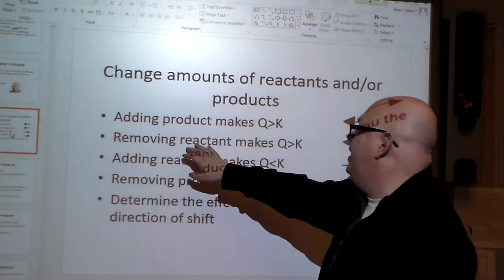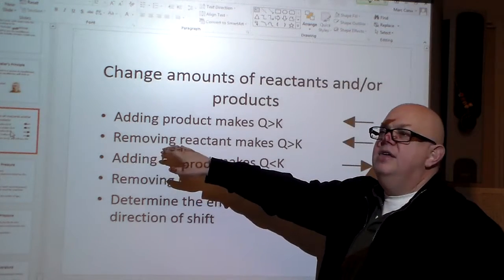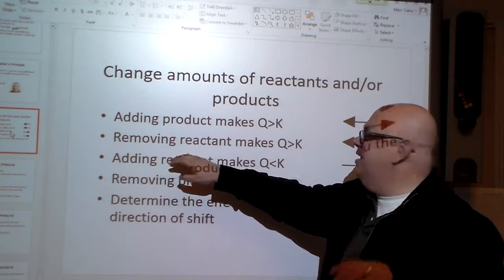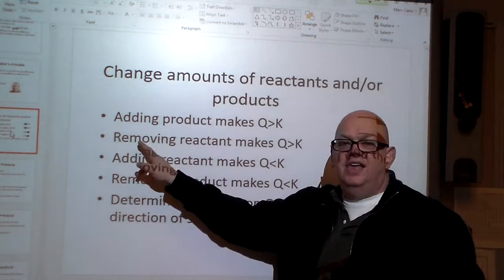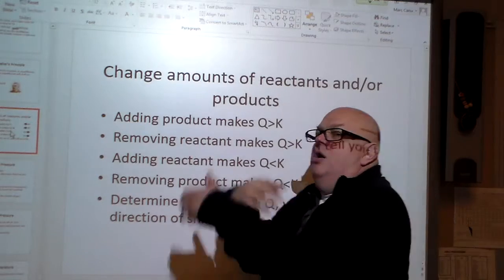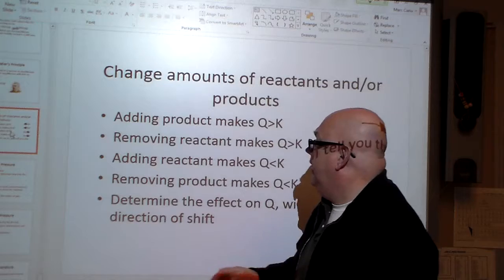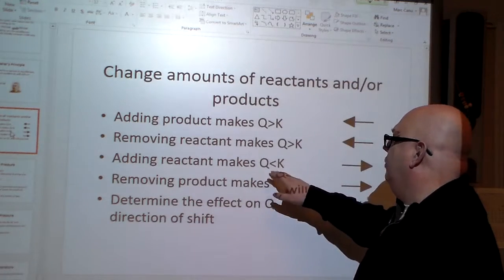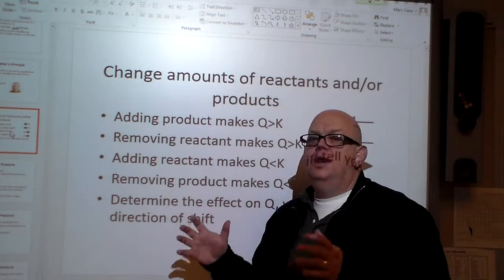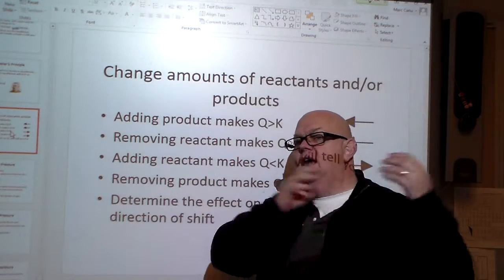If we remove reactant, then you are creating an imbalance, and the system is going to shift to the left again to make more reactant, to make up for what was removed. If we add extra reactant, then you have too much reactant, not enough product.